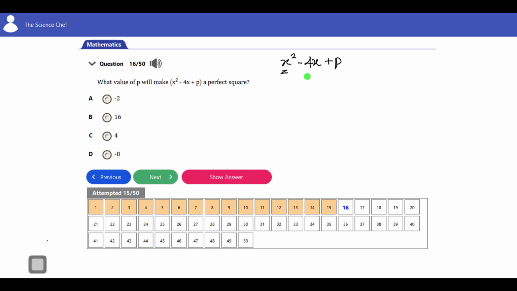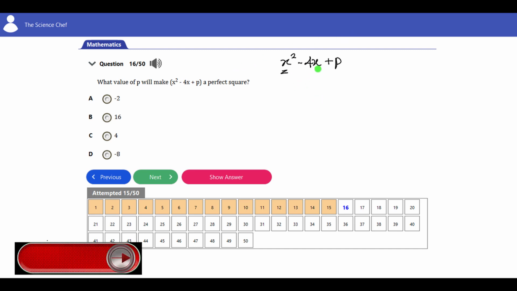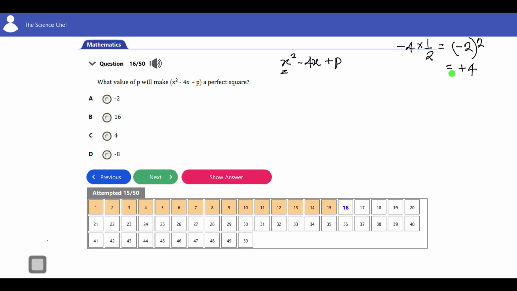Multiply the coefficient of x by half and then square it. So what's the coefficient of x? The coefficient of x is minus 4. So minus 4 times half is minus 2. We now square it. That gives us plus 4, right? Whatever we get, we now add it to both sides.